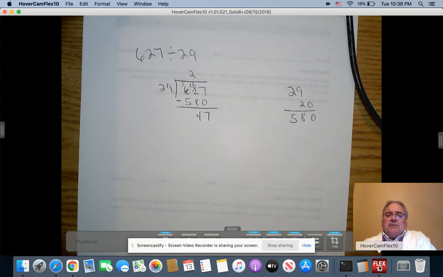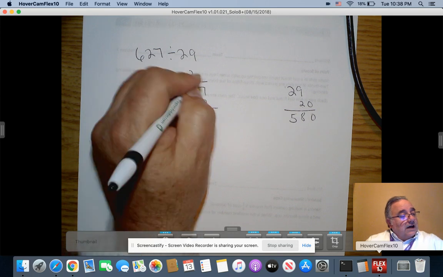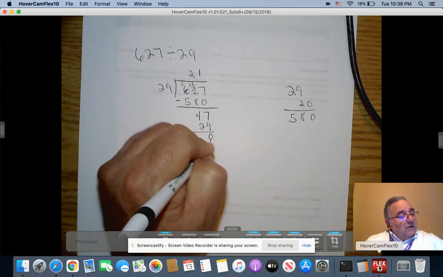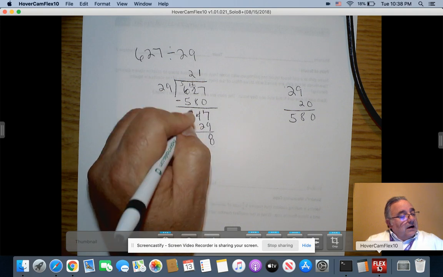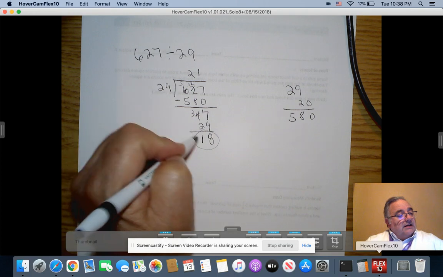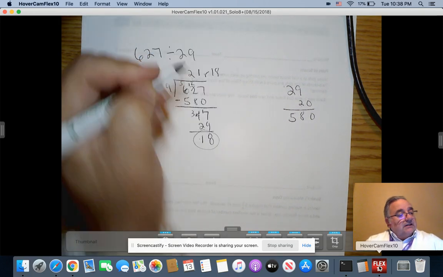How many times does 29 go into 47? Excellent. Yes, you are right. It goes one time. So that's 29. Now I have a remainder of 18. 29 does not go into 18 evenly. So we have a remainder of 18.